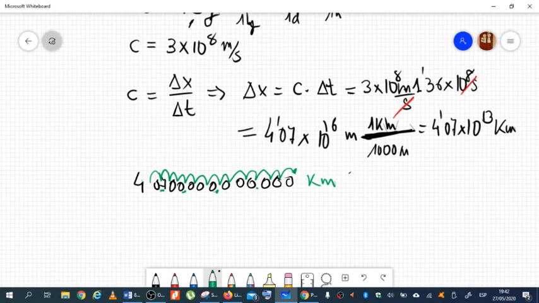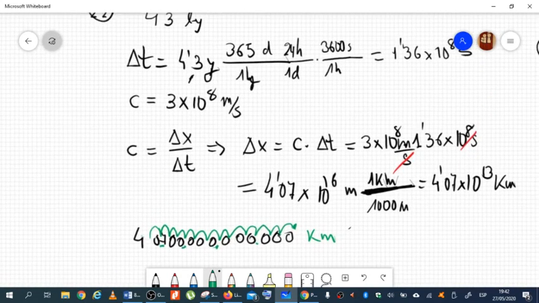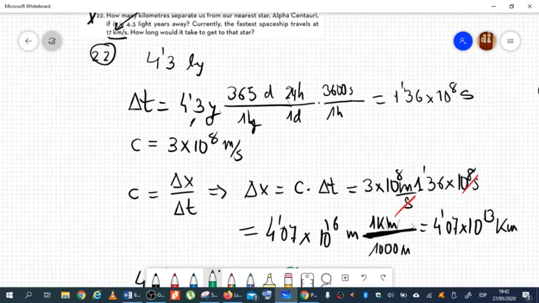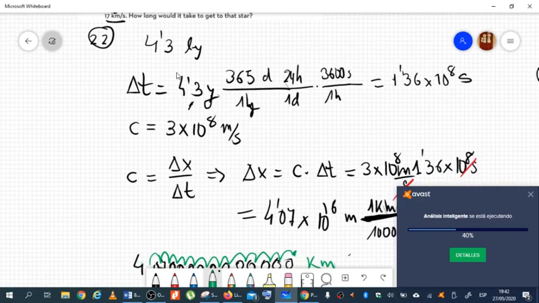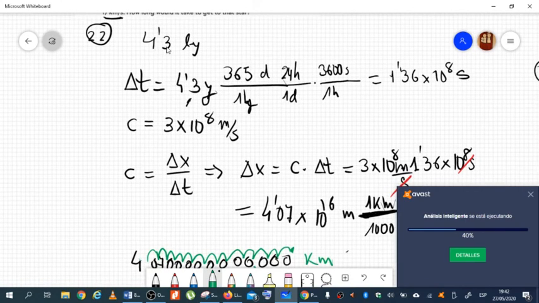And this distance is covered by light in 4.3 years. So imagine if we traveled at the speed of light, we would take 4.3 years traveling at this speed.